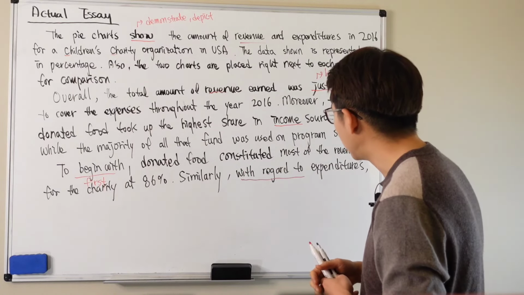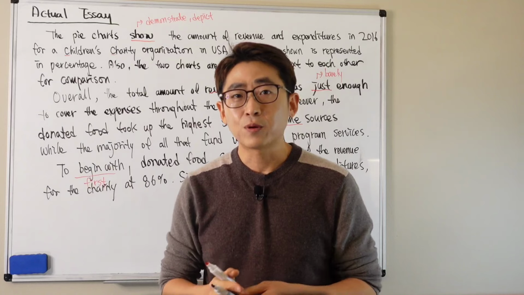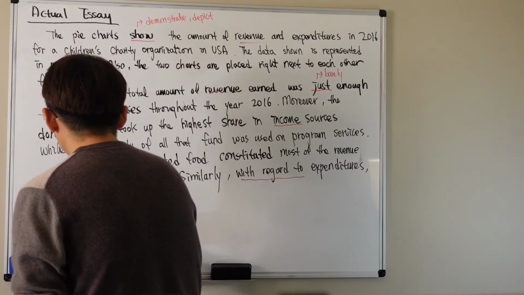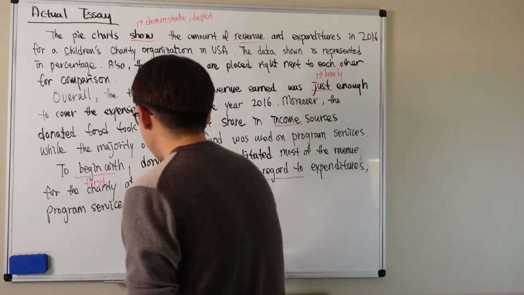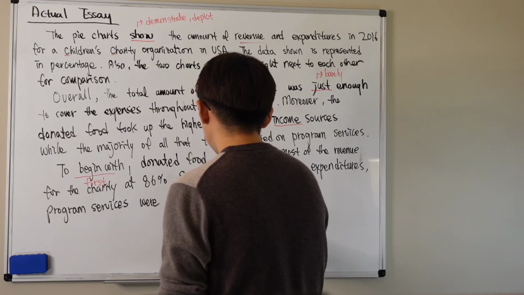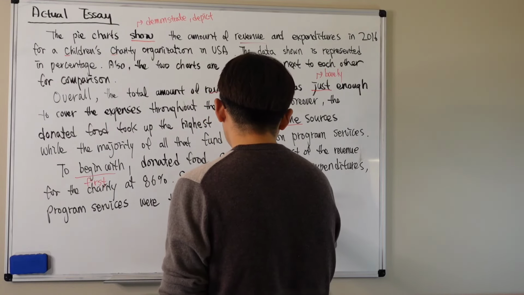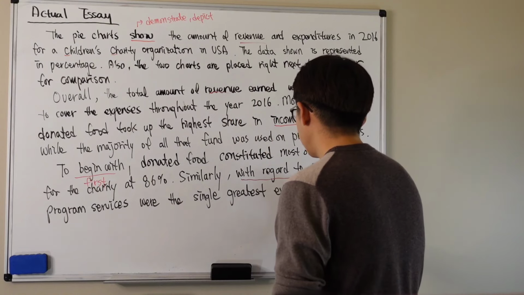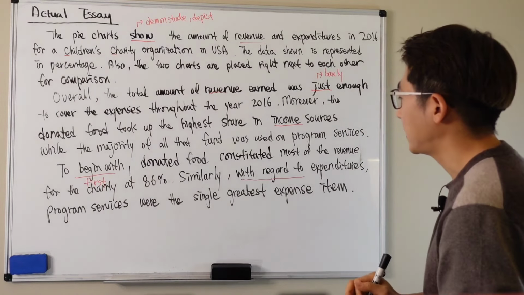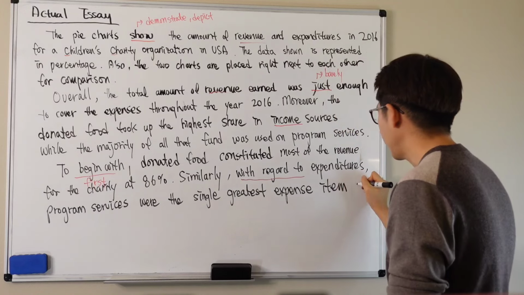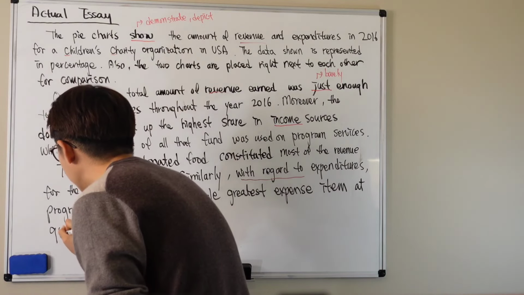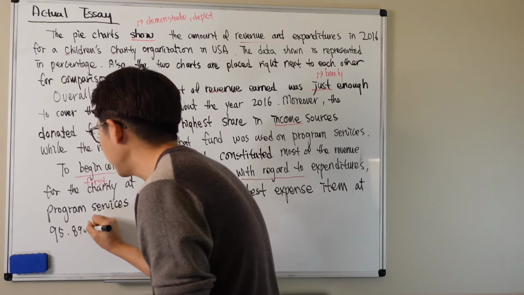So similarly, with regard to expenditures, program services were the single greatest expense item at 95.8%, right?